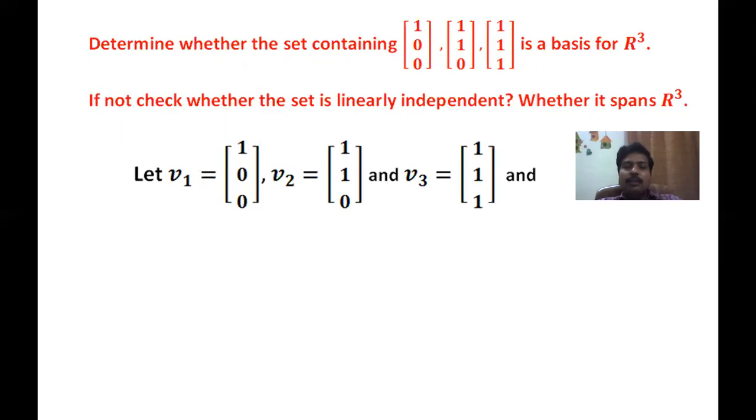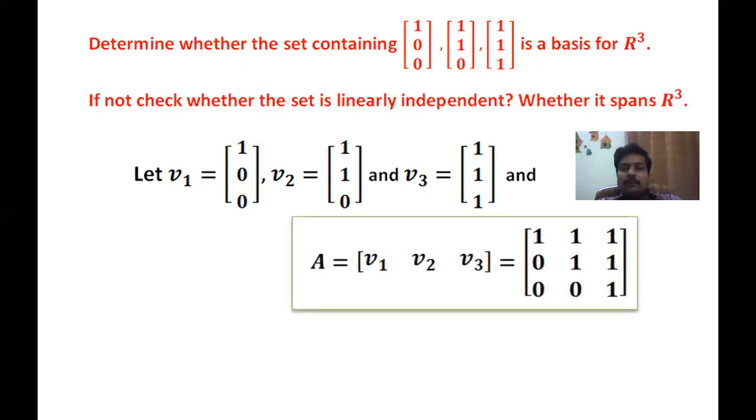Let v1 is equal to 1 0 0 and v2 is equal to 1 1 0 and v3 is equal to 1 1 1 for our convenience. And let A be the matrix of v1 v2 v3. So using these three column vectors, let us form a matrix A. So A is equal to 1 0 0, 1 1 0, 1 1 1 as columns.